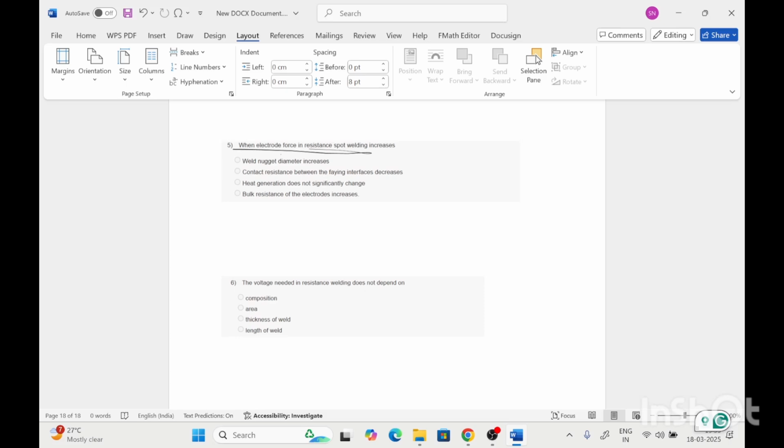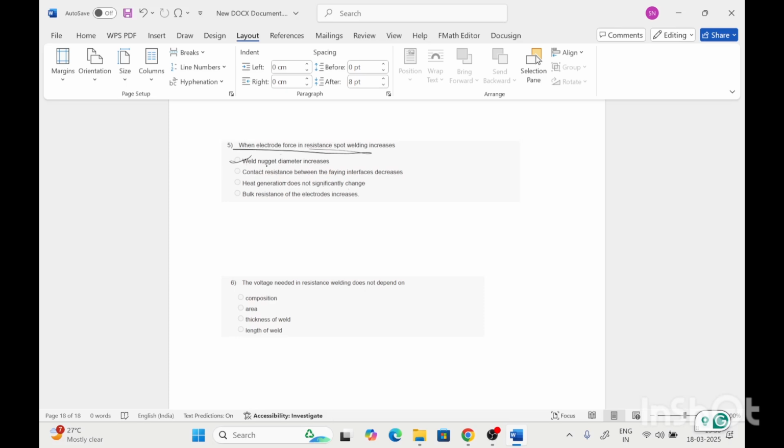And the weld nugget diameter increases. Yes, correct. A or C? Why is it not C? Heat generation does not significantly change. Yes, means heat generation does not change. But in this question, the other option is not given. If it says that A or C is correct, then we can opt for that option.